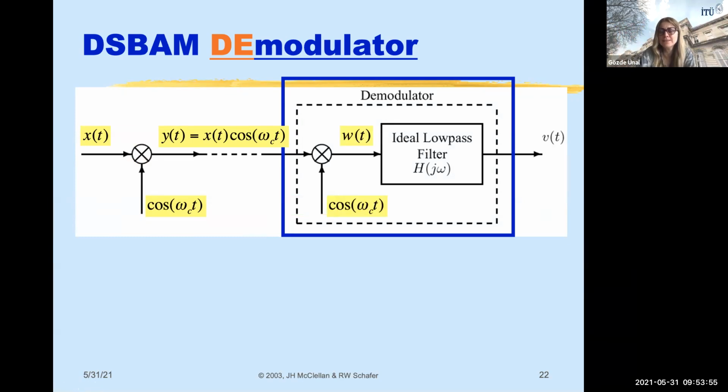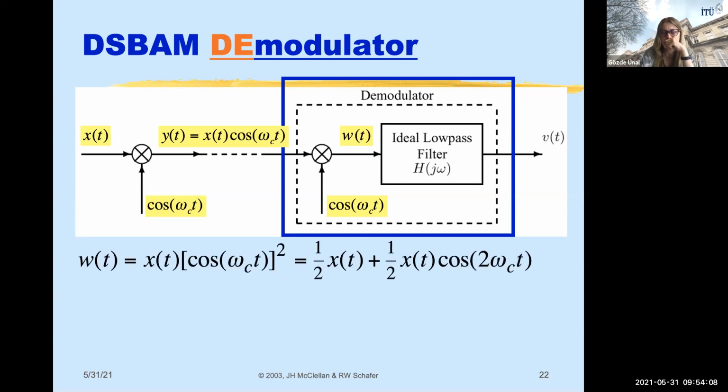This system is very easy to follow and analyze in the Fourier domain. So you see two components: multiply by cosine, and pass the signal through a low pass filter.